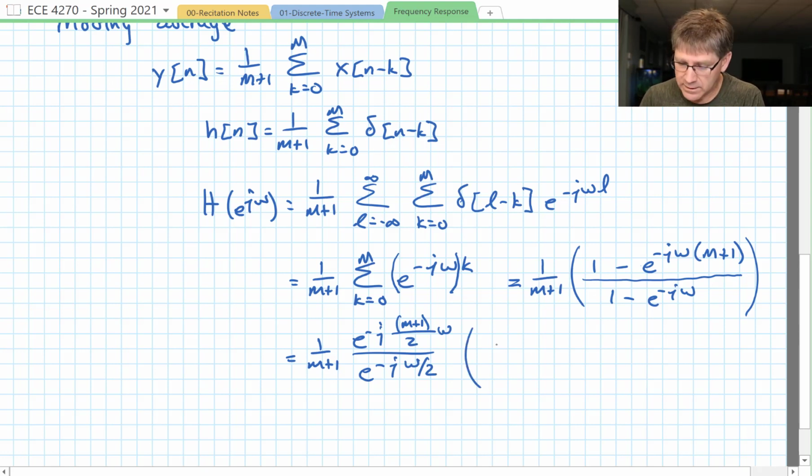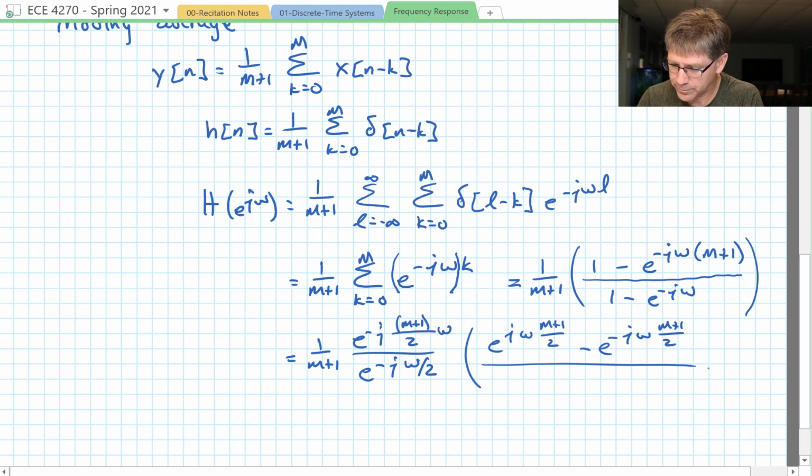Then that gives us e to the j omega times m plus 1 over 2 minus e to the negative j omega times m plus 1 over 2, all over e to the j omega over 2 minus e to the negative j omega over 2.